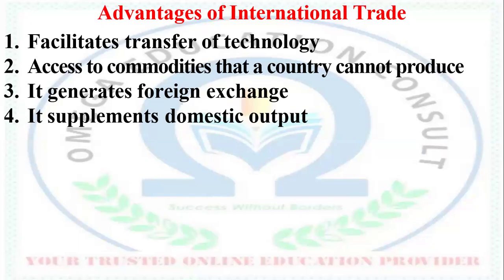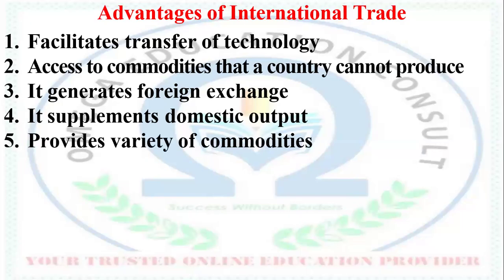So domestically, it can produce a lot of items, but once those products are not enough to feed the entire population or to serve the demand within the country, international trade allows us to buy from other countries. So as I mentioned earlier, we produce rice, we produce chicken, we produce furniture, okay? But these are not enough to meet the demand for the country, and therefore we import from other countries.